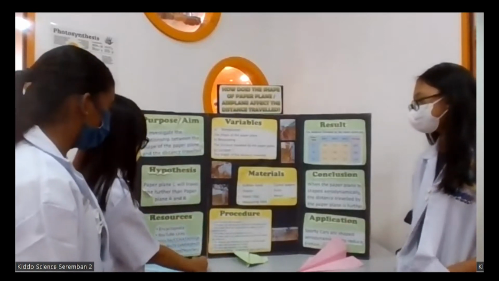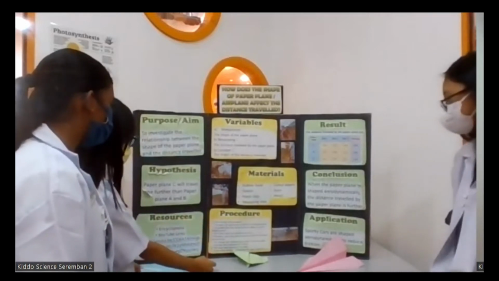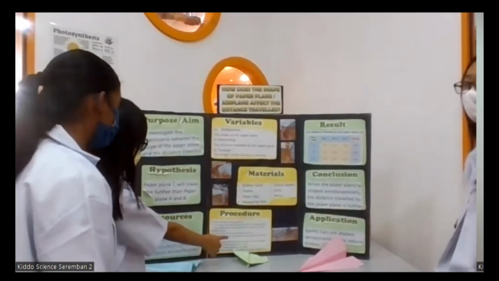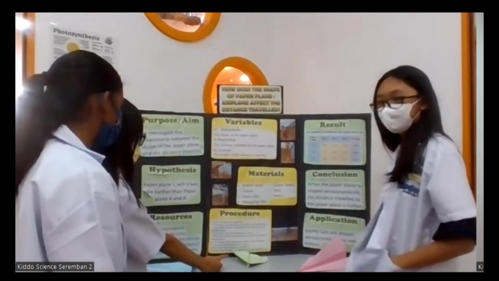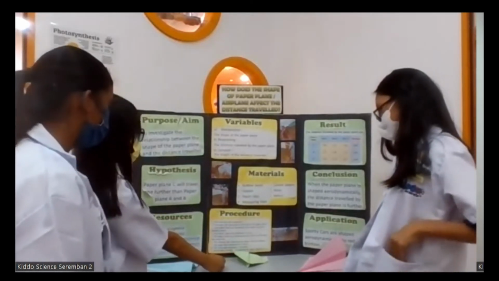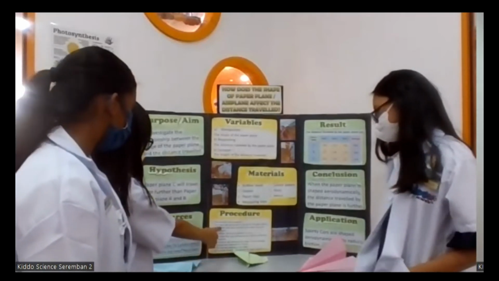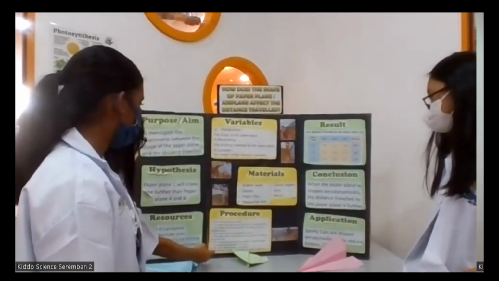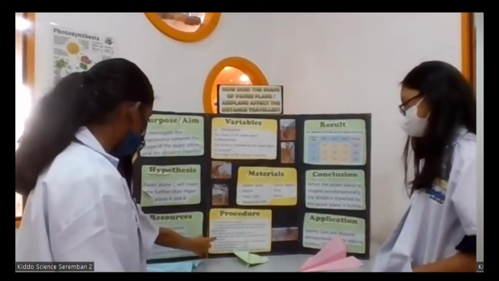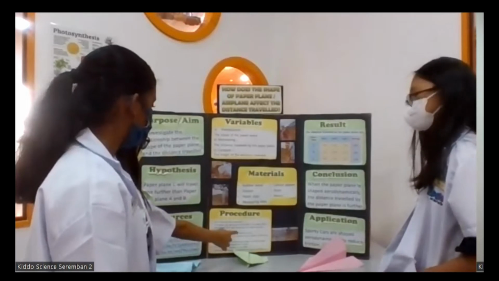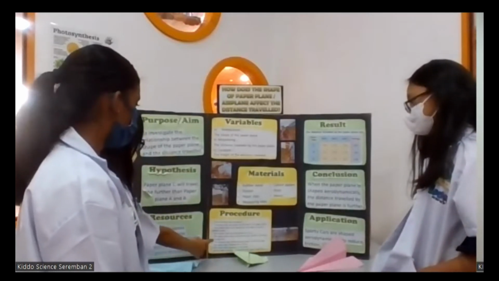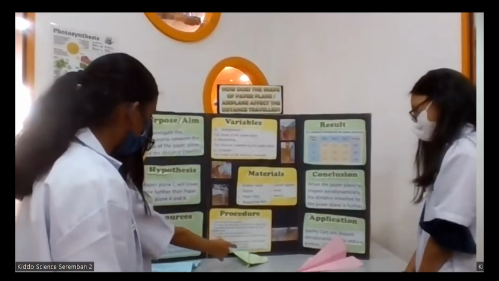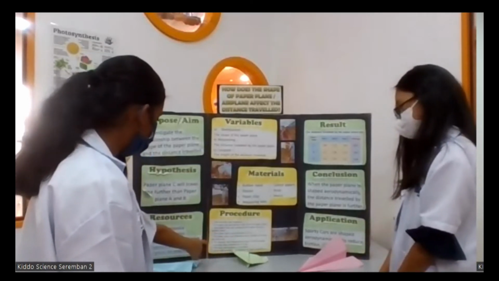Number one, the materials were prepared. Number two, the paper clip was placed at the end of the paper plane. Number three, the rubber band was fastened to the paper clip and a wooden pencil. Number four, the rubber band was released and the distance traveled was observed.